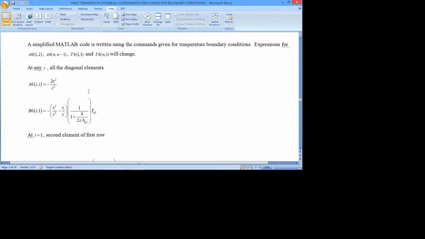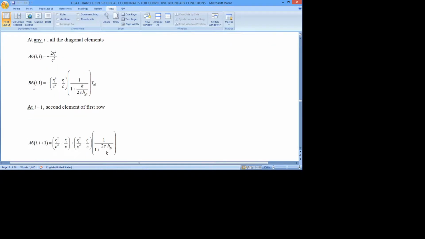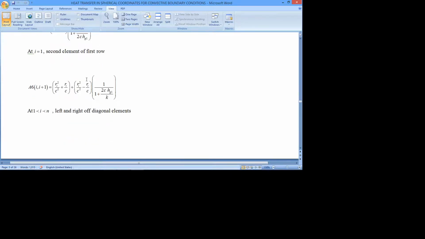Now we want to generate the matrix A6 and T6 and B6. So matrix A6, these are diagonal elements. The technique is the same as we generated for temperature boundary conditions. This is the command to generate the boundary condition matrix first element.